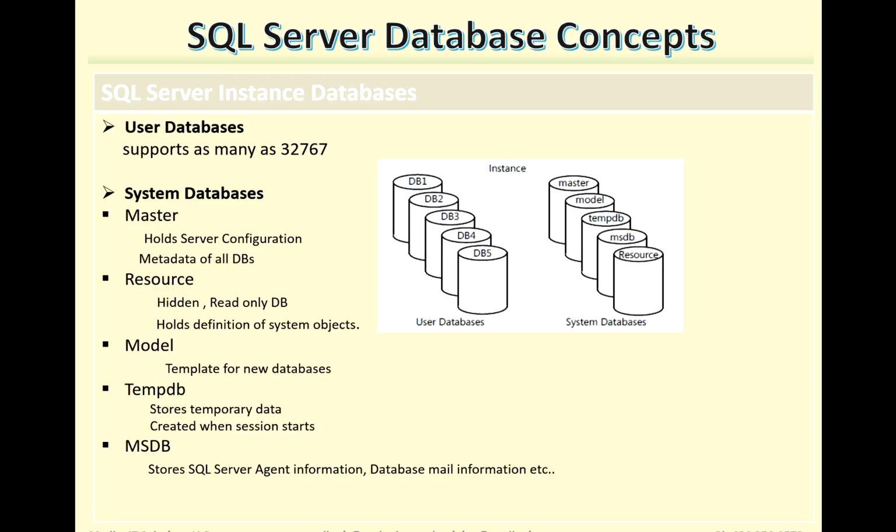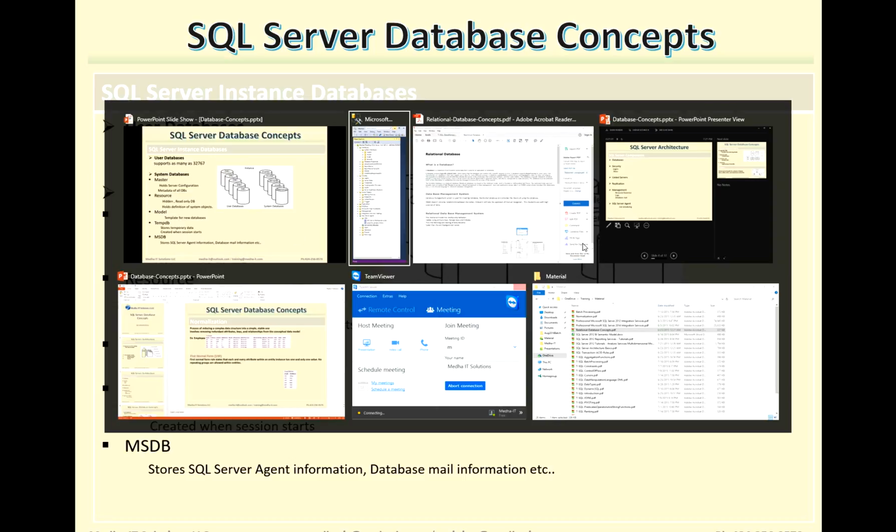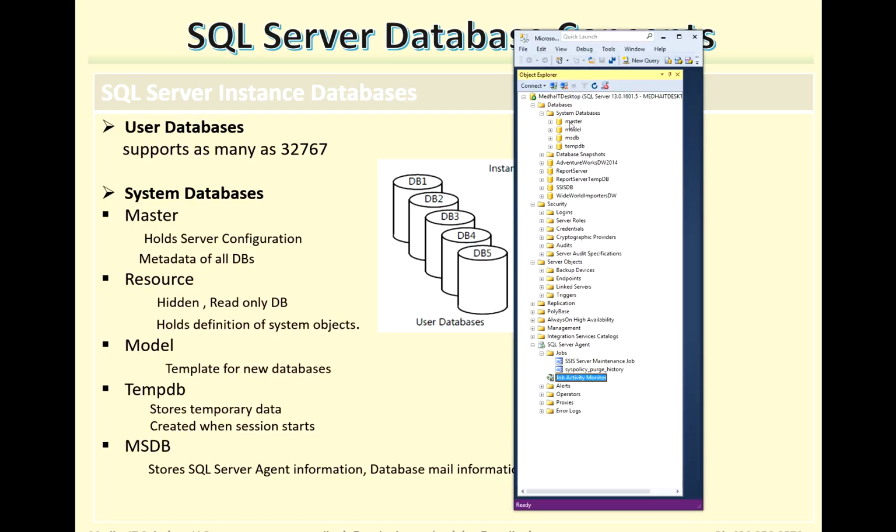So we talked about databases. We saw that SQL Server has system databases and user defined databases. What are system databases? System databases are the ones that are created by SQL Server and used by SQL Server. We don't insert data or store any data in these databases.